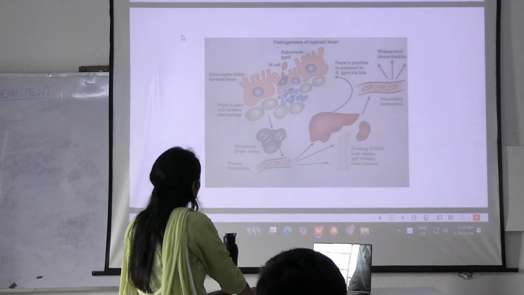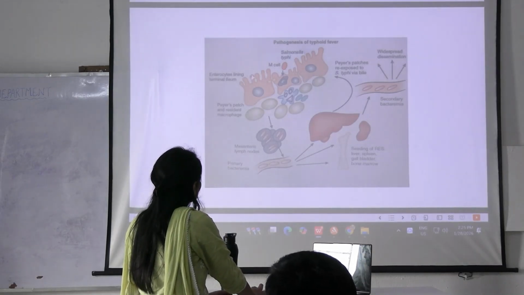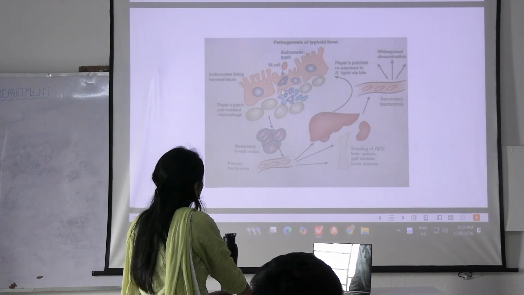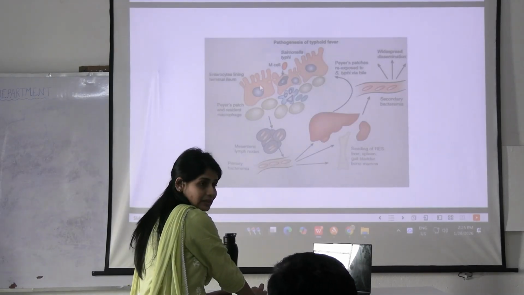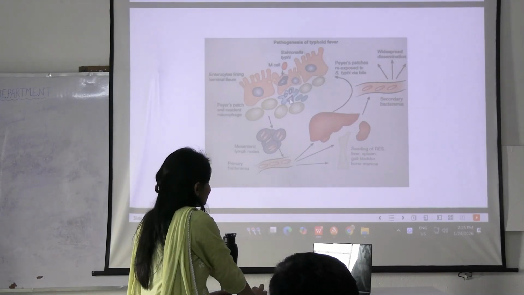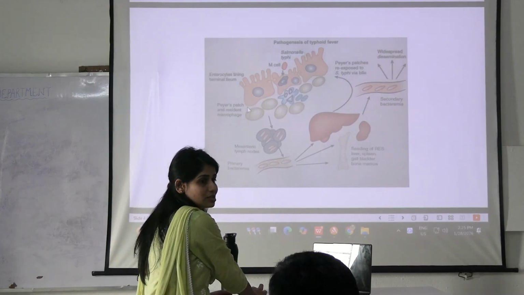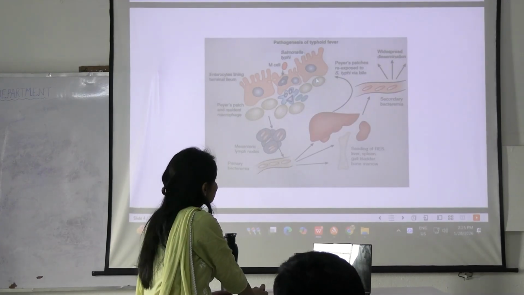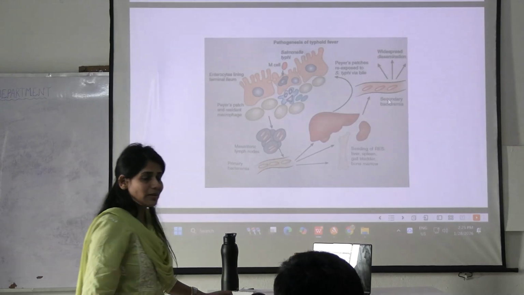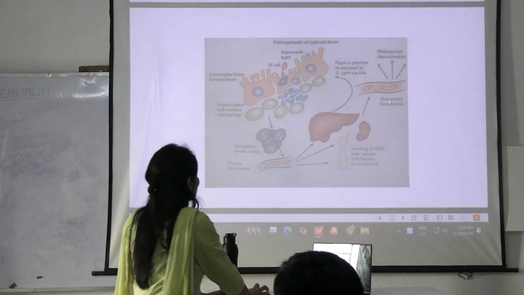So this was what? This was the intestinal epithelial cell. Through vacuoles, they will enter the submucosal layer. Then through macrophages, they'll enter the bloodstream, and secondary bacteremia will occur. What happens after that?